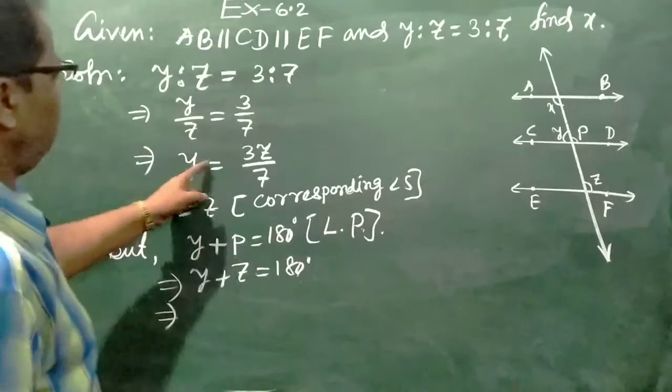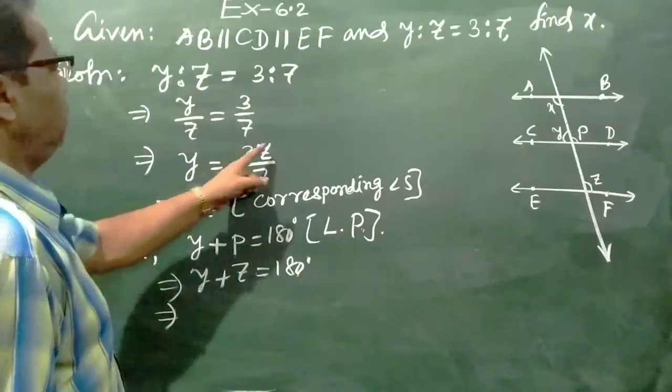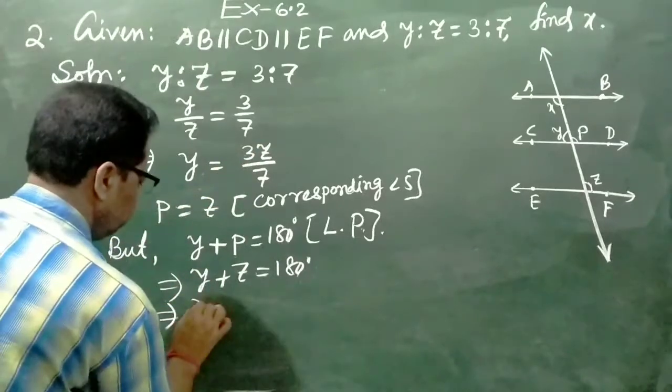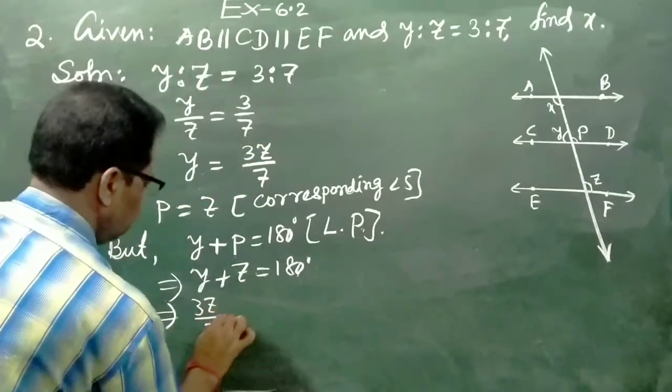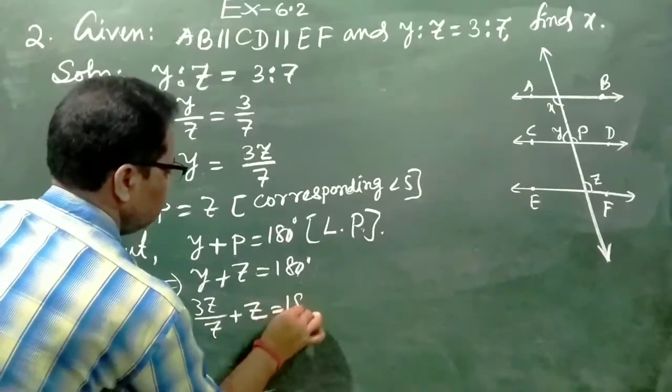The value of Y, 3Z by 7, we place here. This is 3Z by 7 plus Z is equal to 180 degrees.